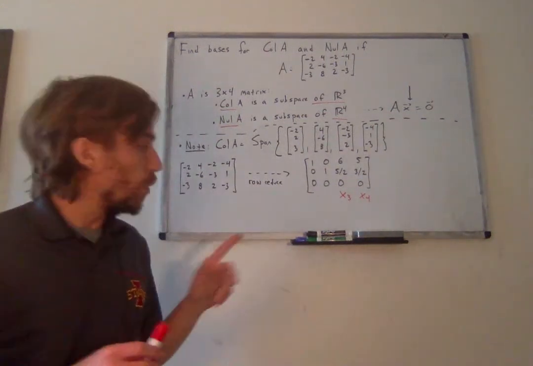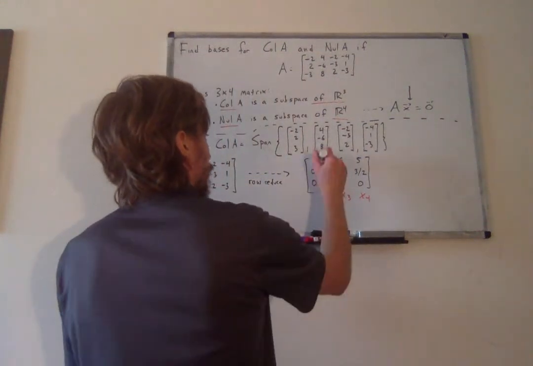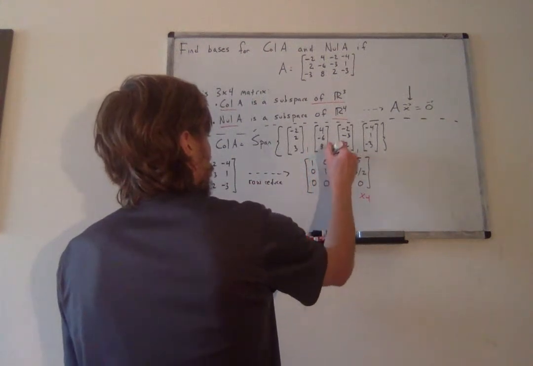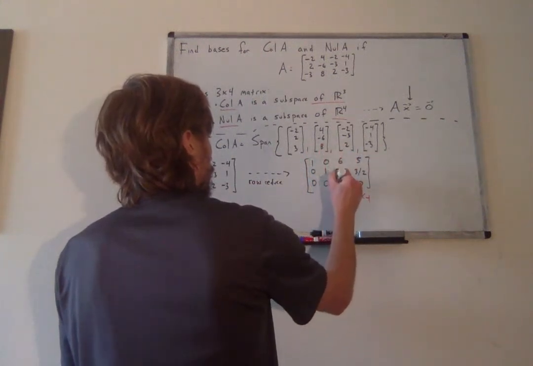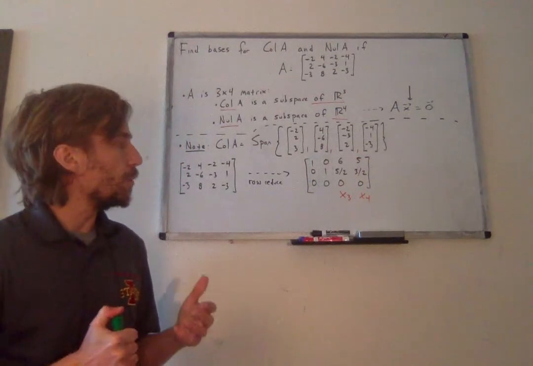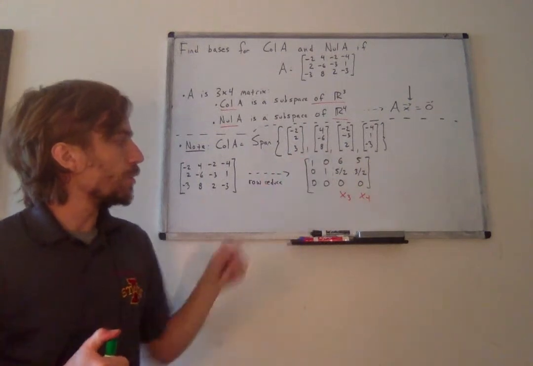But what we do know is that the columns that correspond to leading ones, or pivots, whichever you prefer, are the columns which can give me a basis for the column space of A. So these two columns correspond to the first two vectors.